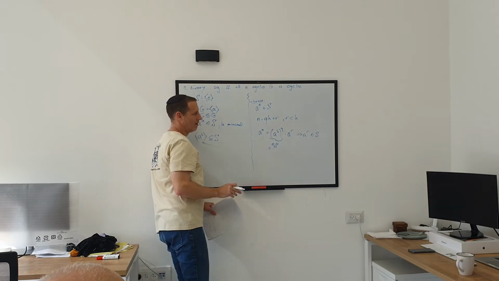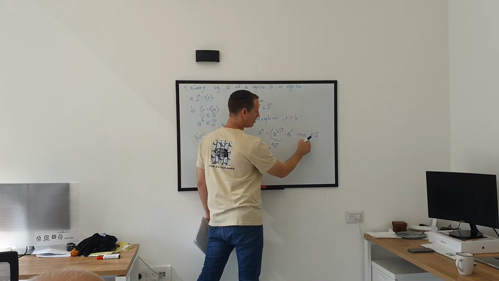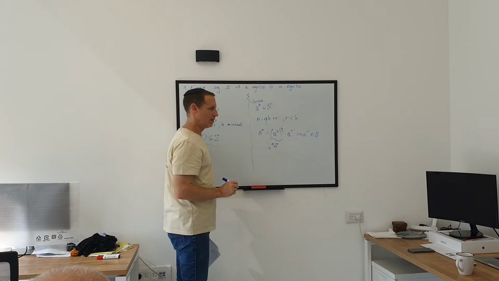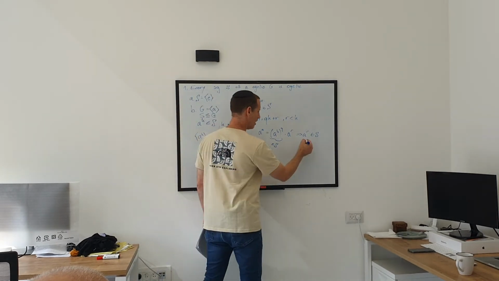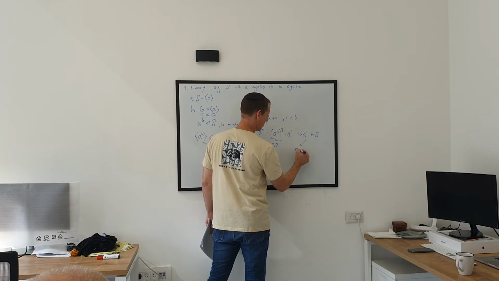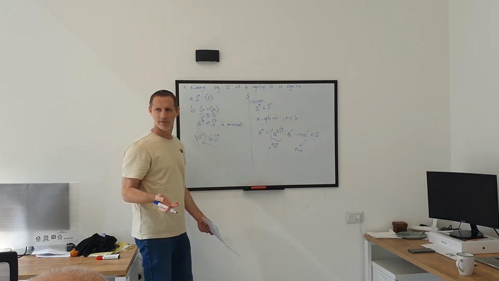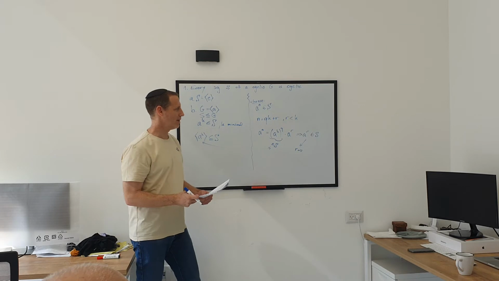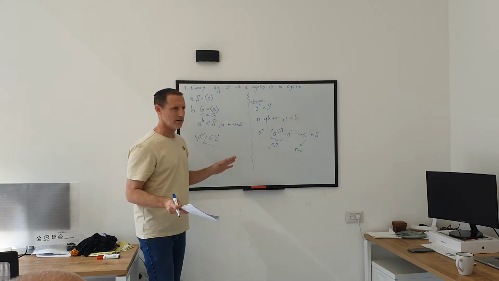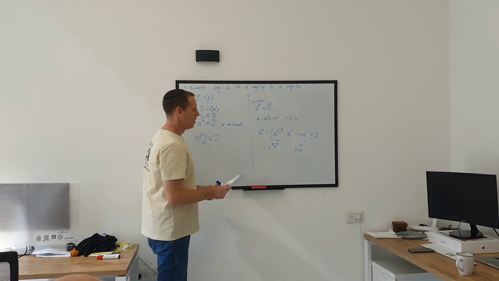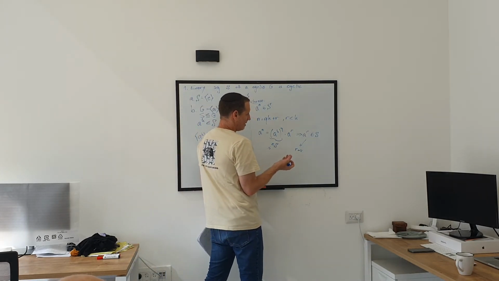So if this is true, then one of two things. Either R is 0, and then it's trivially fine, because A to the power of 0 will just be E or 1. Or not.